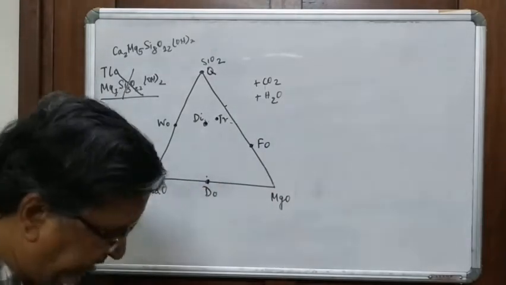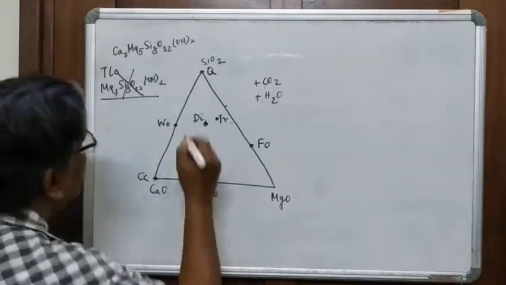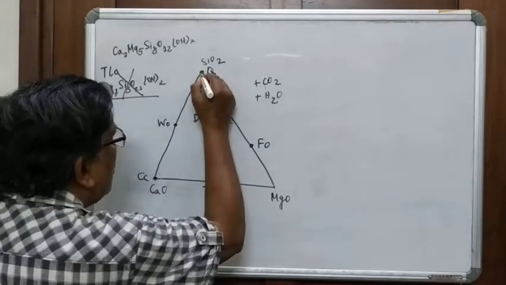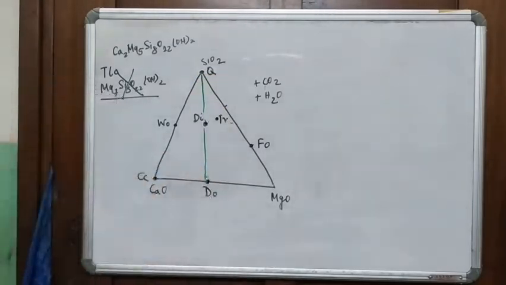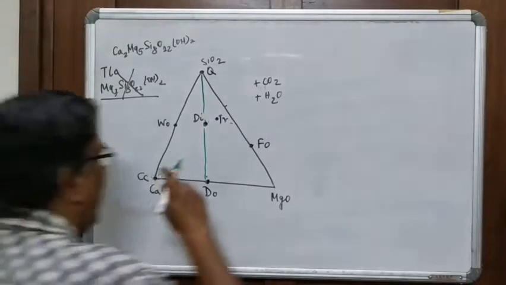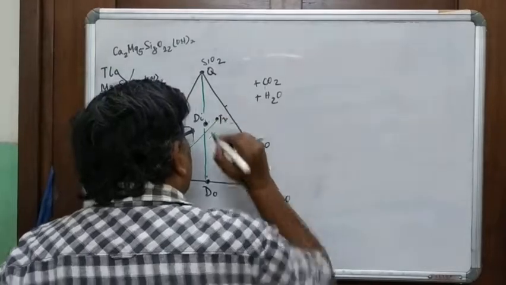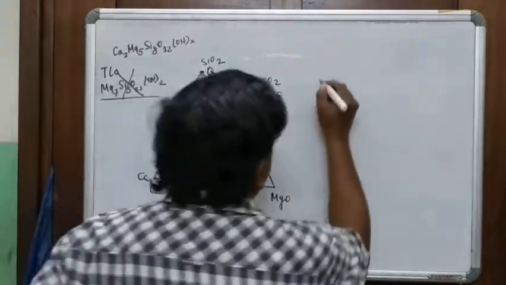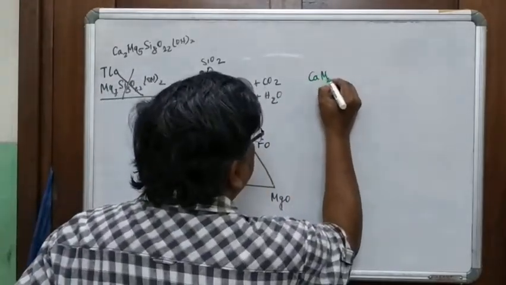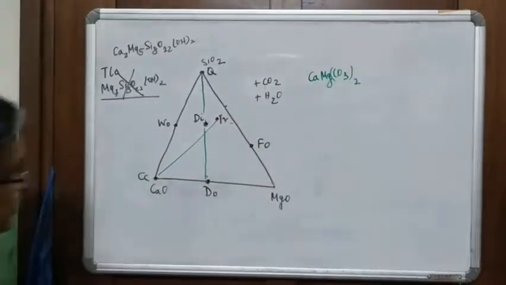Let's take an intersection. For example, quartz plus dolomite, and you have a tie line, calcite plus tremolite, right? So we write the expression here: CaMg(CO3)2 twice, that is dolomite.